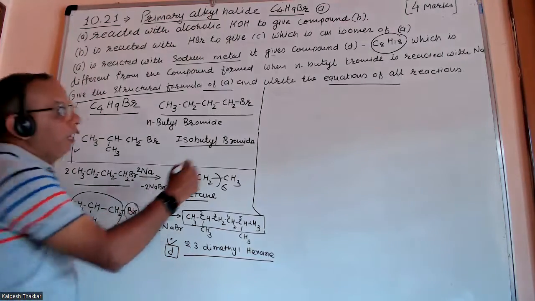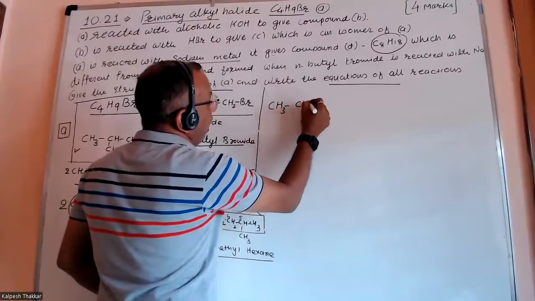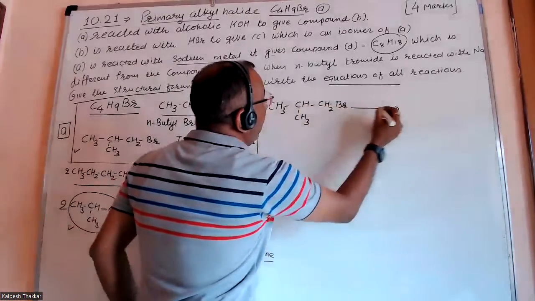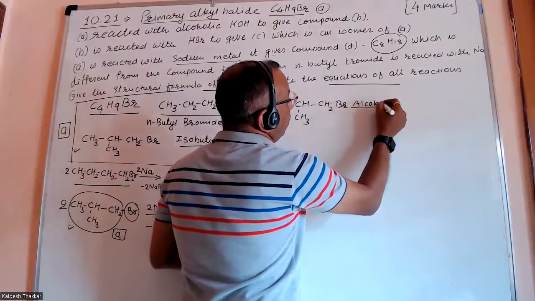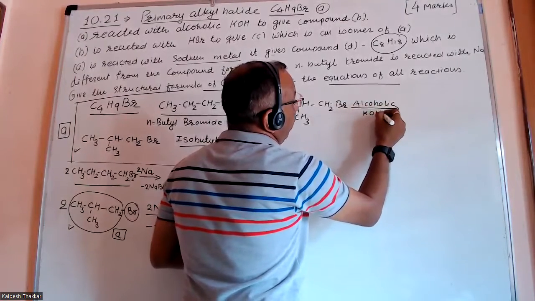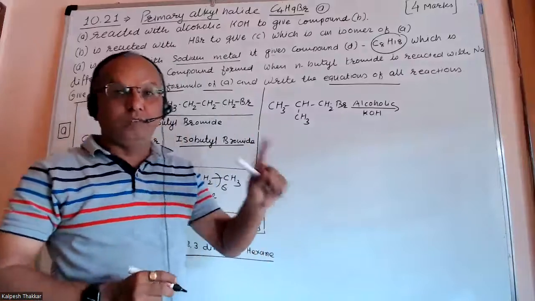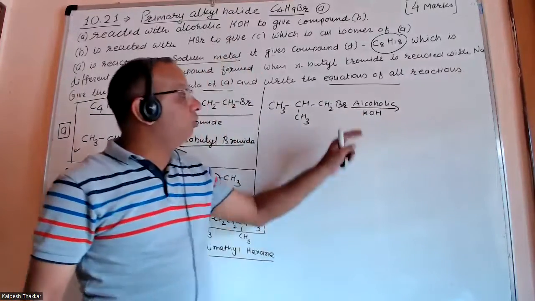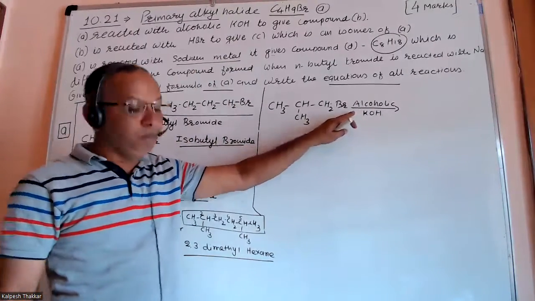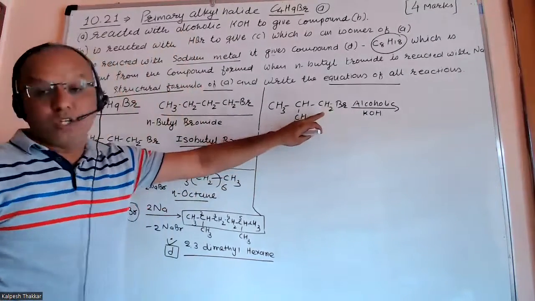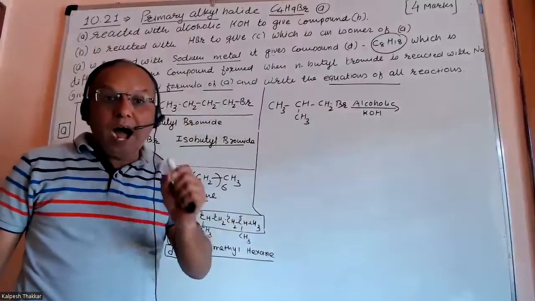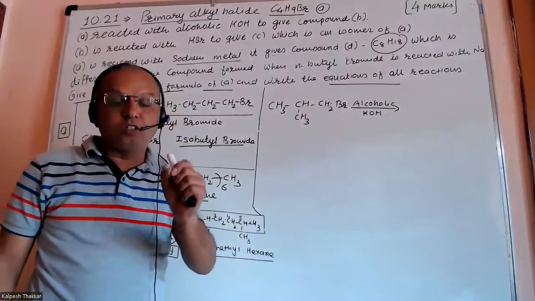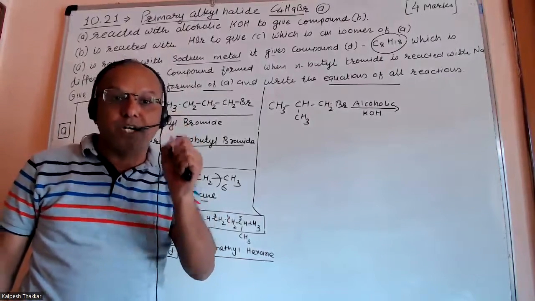This is isobutyl bromide. So when I react this isobutyl bromide with, friends, alcoholic KOH, the importance of alcoholic KOH is also part of your given data in the textbook. It is very simple: when alcoholic KOH takes part in the reaction, it forms the alkene, because when alcoholic KOH is present, it will not go for the double displacement reaction.